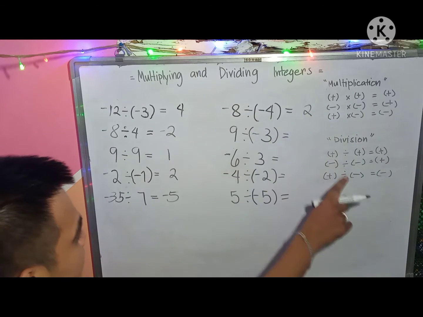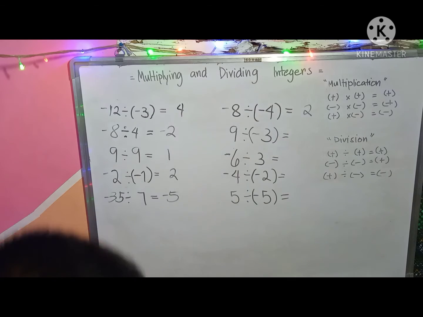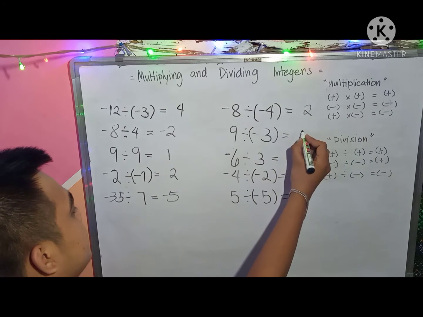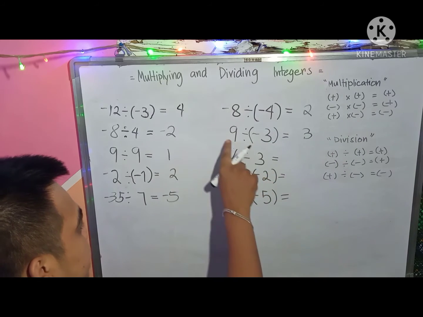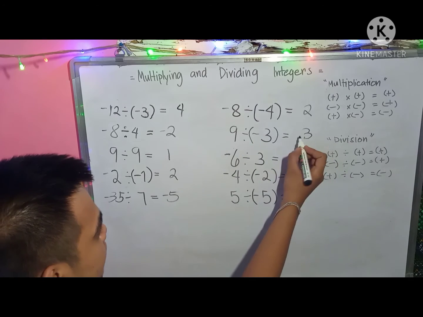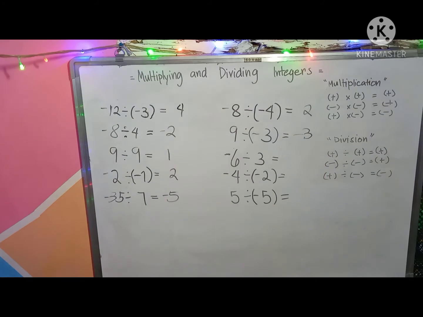Like signs, pareha silang negative, will give us the positive 2 as a quotient. Next, 9 divided by negative 3. 9 divided by 3 is equal to 3. One is positive and the other one is negative, so unlike signs will give us negative quotient. So the answer is negative 3.